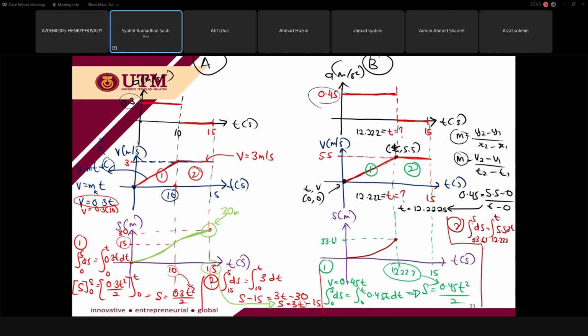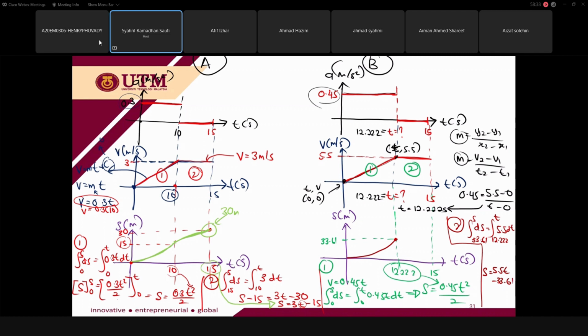If you integrate this one, you get S minus 33.61 equal to 5.5 T minus, okay, just give the final equation. You can directly calculate this one. So S is equal to 5.5 T minus 33.61.